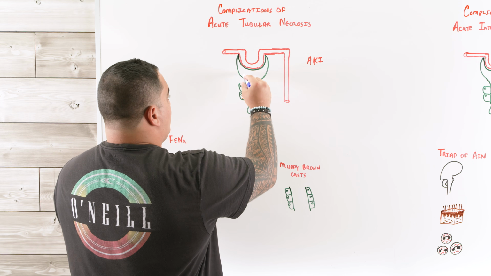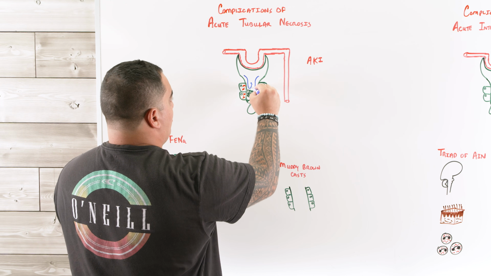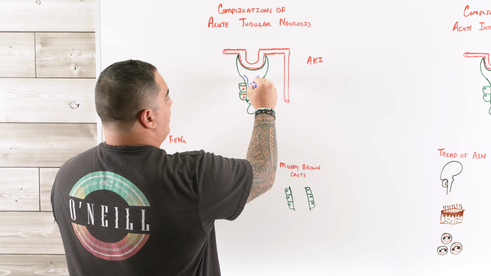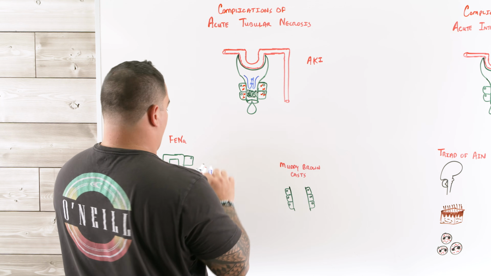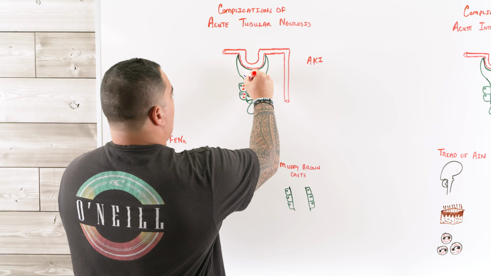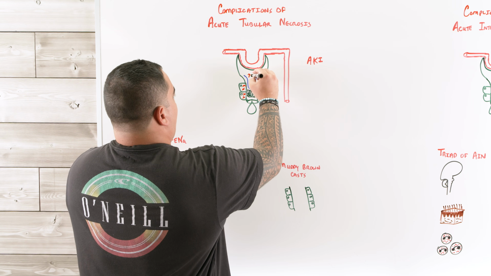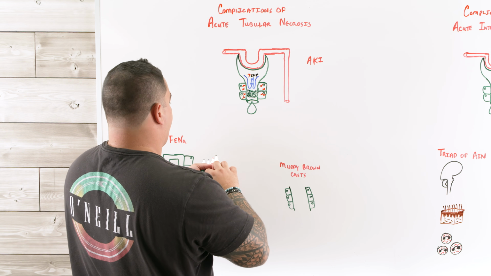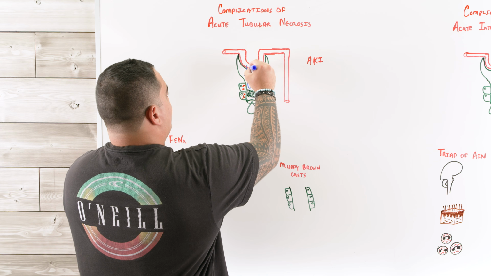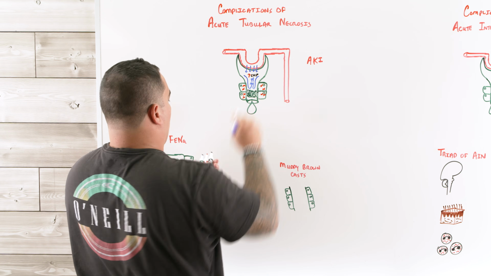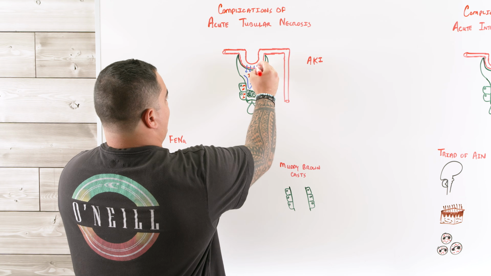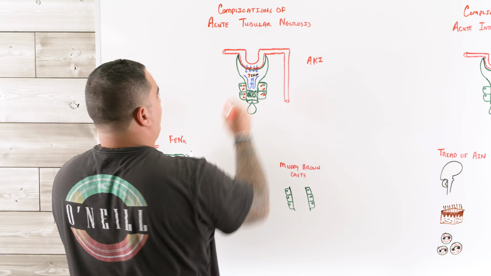When you plug up the tubular lumen, we know that this is going to impede the flow of filtrate, right? And this will increase the capsular hydrostatic pressure. As we increase the capsular hydrostatic pressure, that shuts off the natural flow of what we would call the GFR, right? So we're going to shut down the GFR.